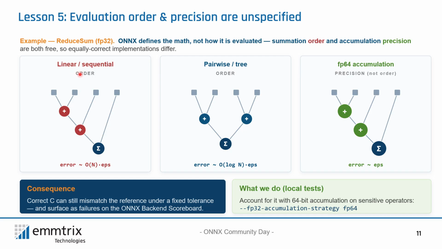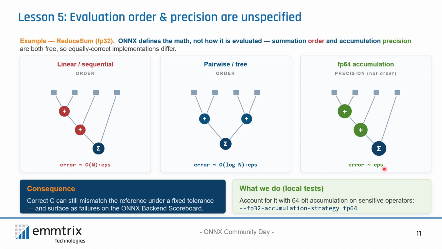You can use a linear implementation, where you just sum up everything in a variable. That is a typical implementation that we have. If you want to have a lower error, you can make a pairwise sum, which is more complex to implement and also requires intermediate memory.